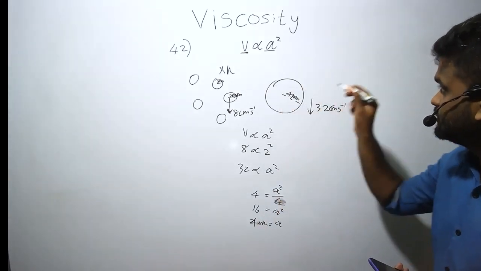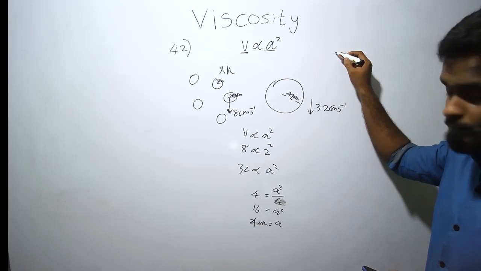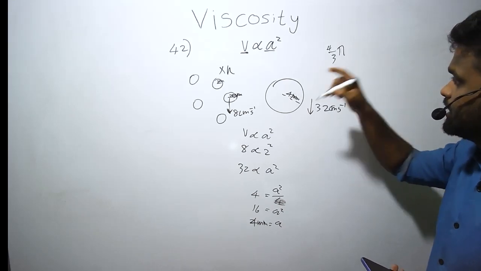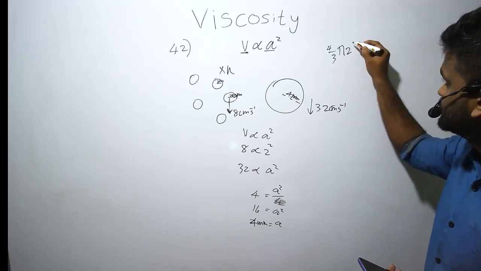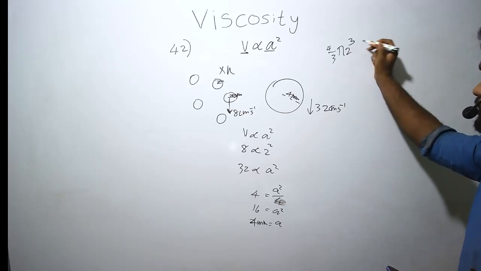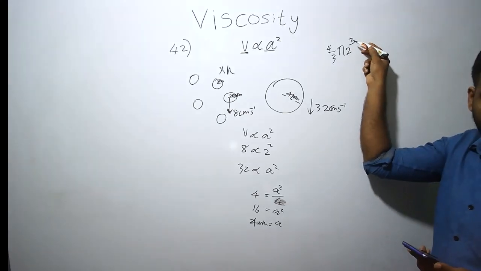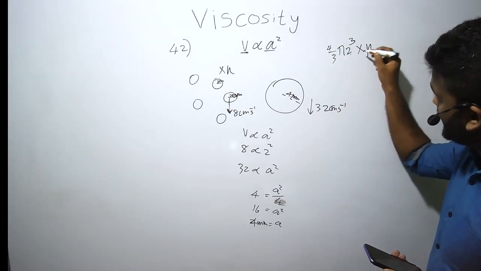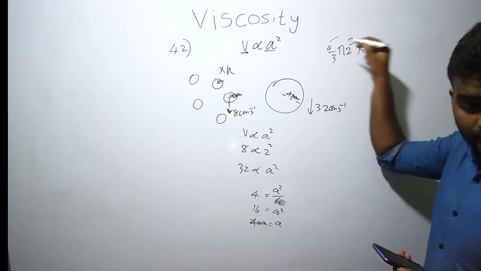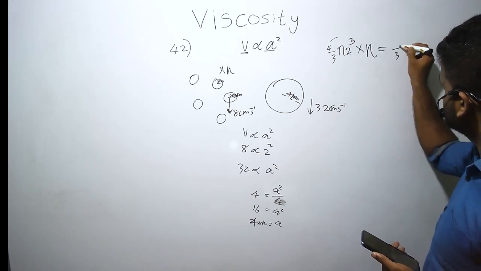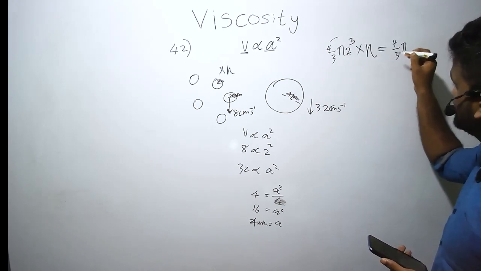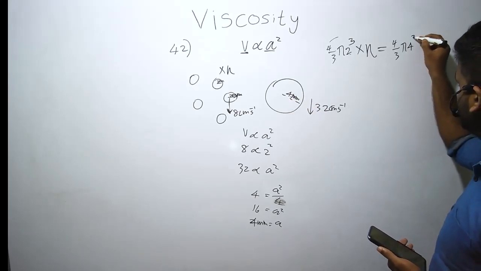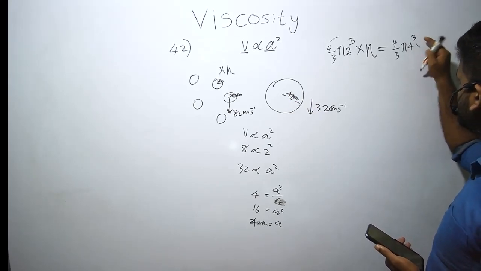So let's add volume. A small raindrop is 4/3 pi r cubed, with r being 2 millimeters cubed. This is for a small raindrop, times n. N number of small raindrops is equal to the volume of the large raindrop. So pi, radius of the large is 4, 4 cubed.